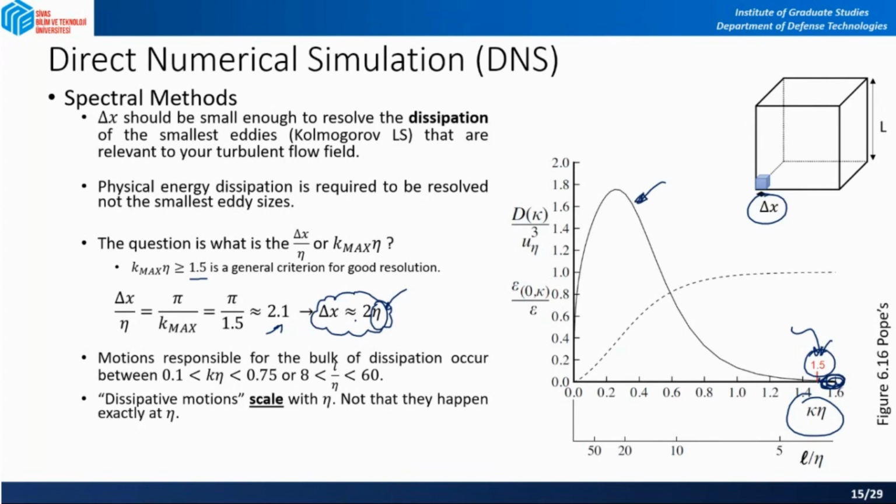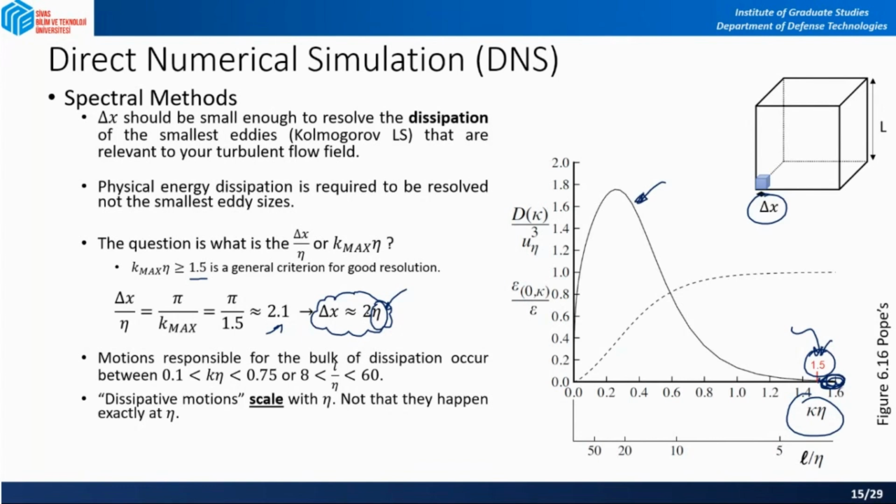You have seen that DNS, direct numerical simulation, is really computationally resource demanding. If you make delta x 10 times smaller than eta, it will be even worse. So in order to prevent that, you have to make a smart estimate of this delta x, and this is two times your Kolmogorov length scale estimation.